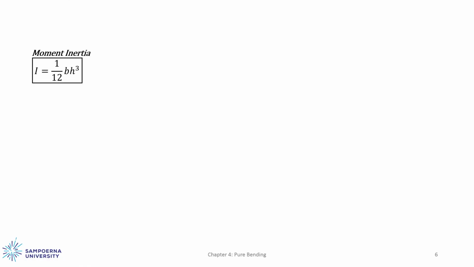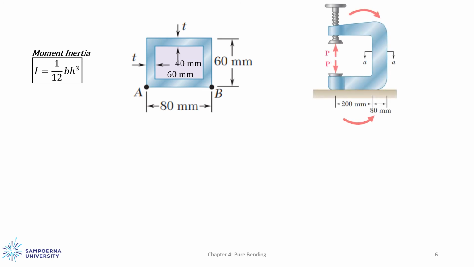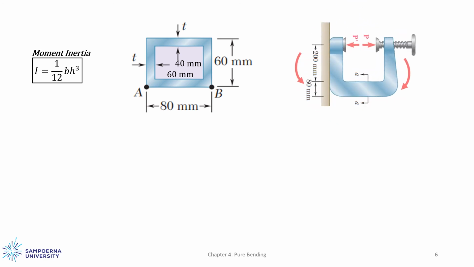Next, we will find the moment of inertia of the beam using the formula 1/12 B H cubed. Which is the base B and which is the height H from the cross section? If we remember the whole structure, it is bent in this direction. If we rotate it, we can see now it bends similar to a general beam.